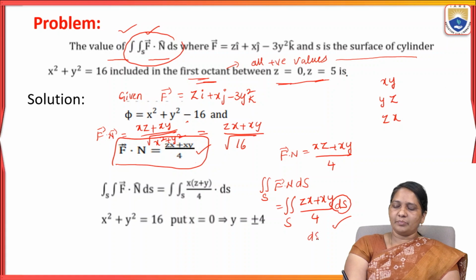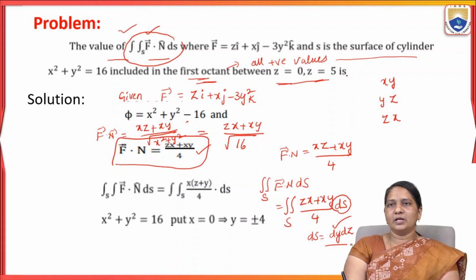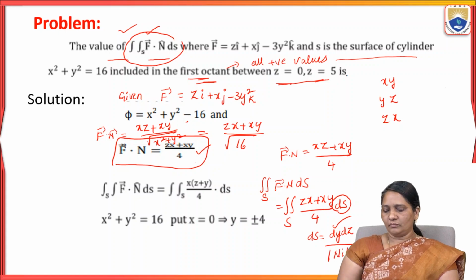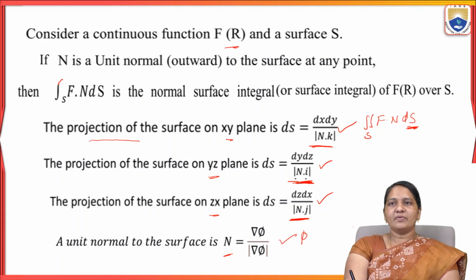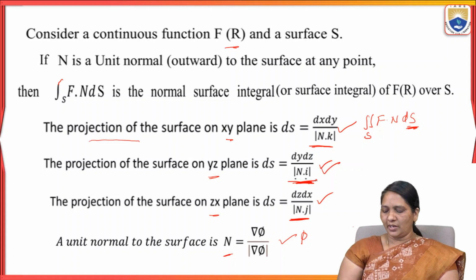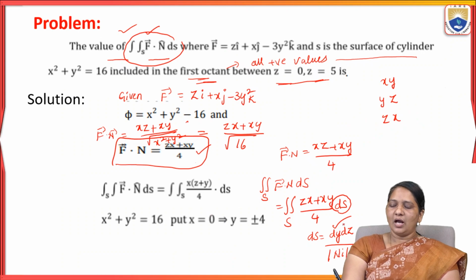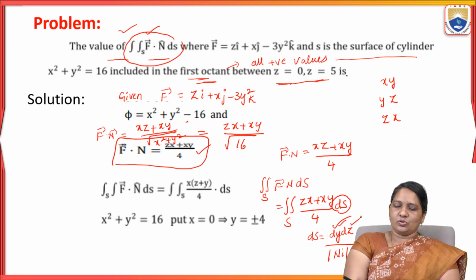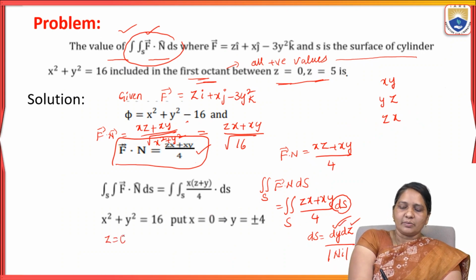So ds I am taking here: ds is dy dz by the modulus of n dot i. For the yz plane it is dy dz by n dot i. For that, I need the y limits and z limits. The z limits we already know: z equal to 0 to z equal to 5.